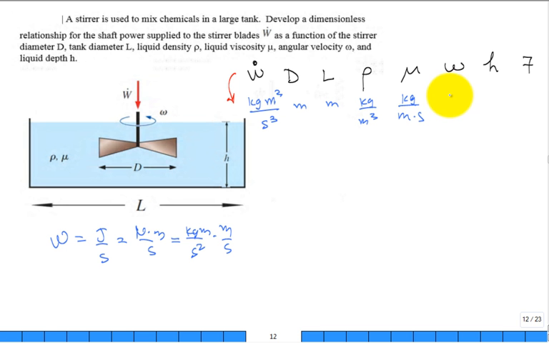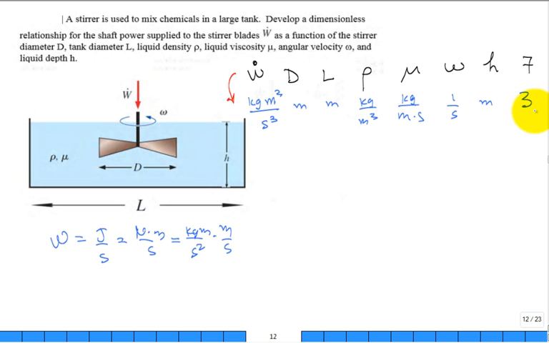Radians per second. So is that meters per second? No, we talked about that. What's a radian? A length over length. It's dimensionless. The measure of angle, length over length, radian is dimensionless. So it's just 1 over second. Then H, meters.